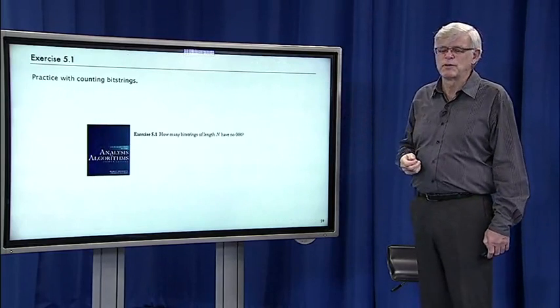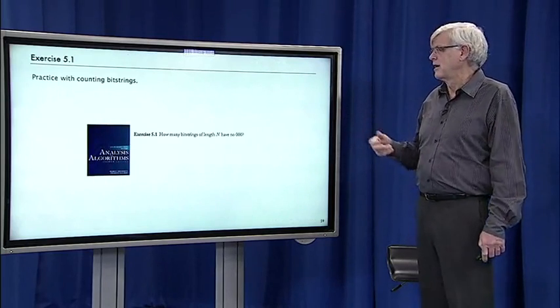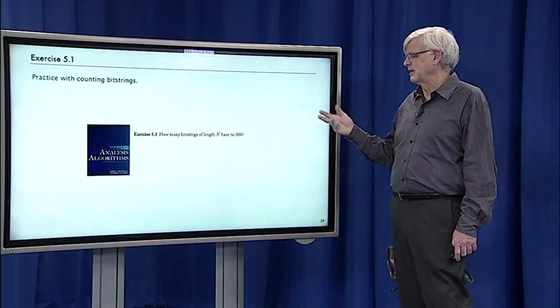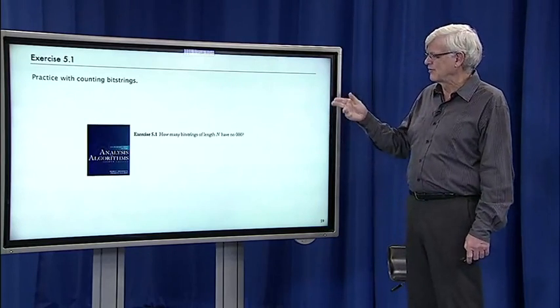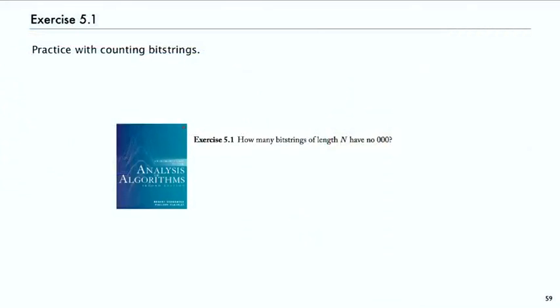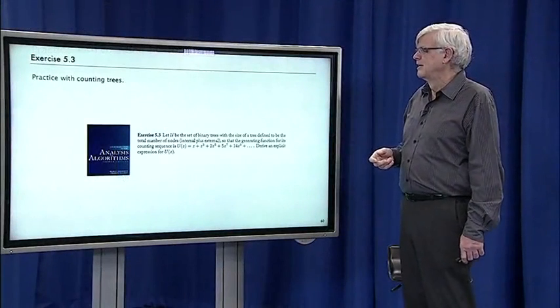I just want to finish with some exercises that you might do to cement your understanding of this material. So exercise 5.1 is: how many bit strings of length n have no occurrence of 3 zeros? And that's a fine exercise to try out these techniques on.